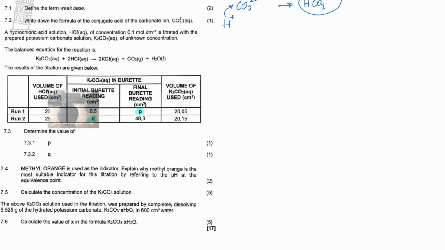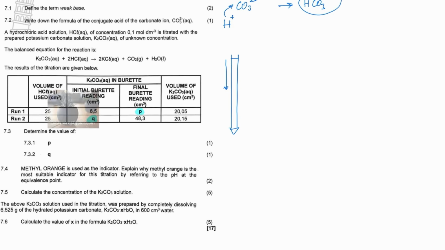Now it can be a bit confusing if you don't know how a burette works, because a burette is set up like this. You basically have a tube, and you have the numbers starting at the top. As you are dispensing liquid, the level decreases.